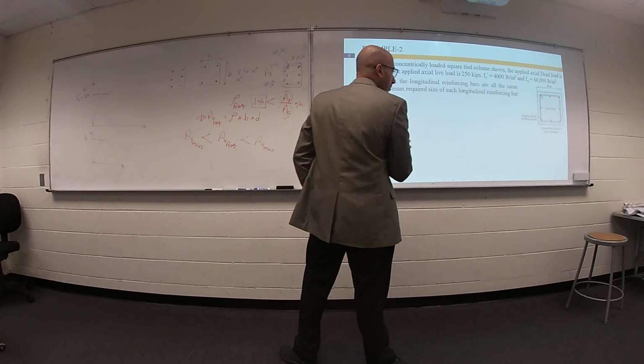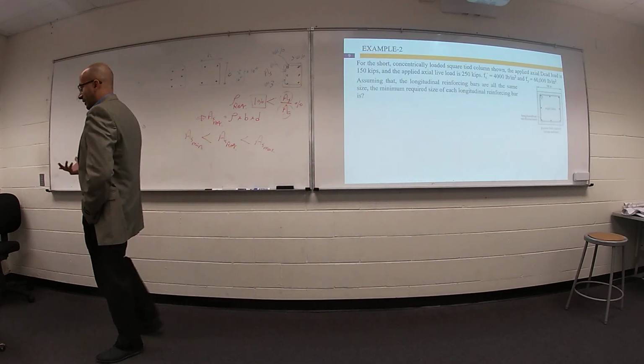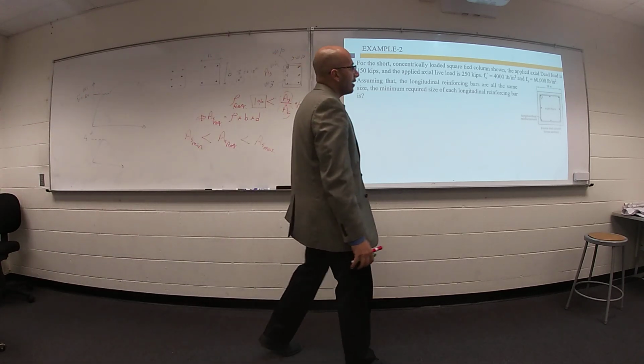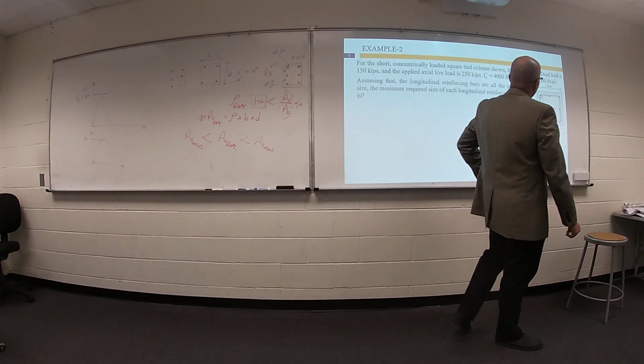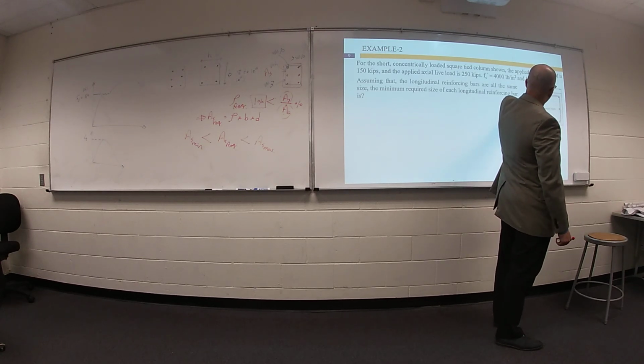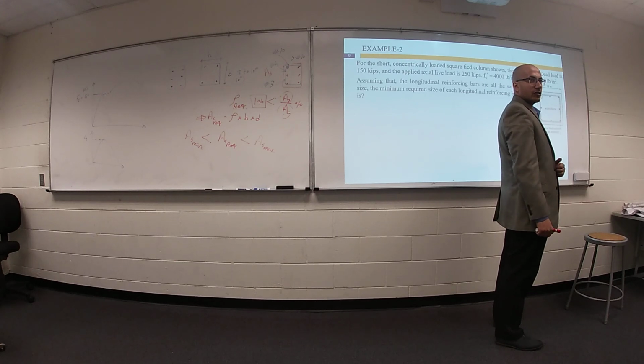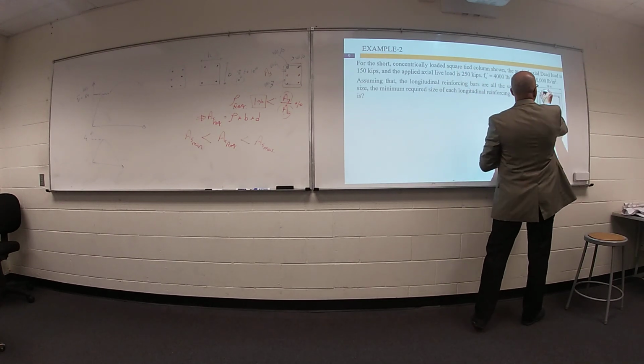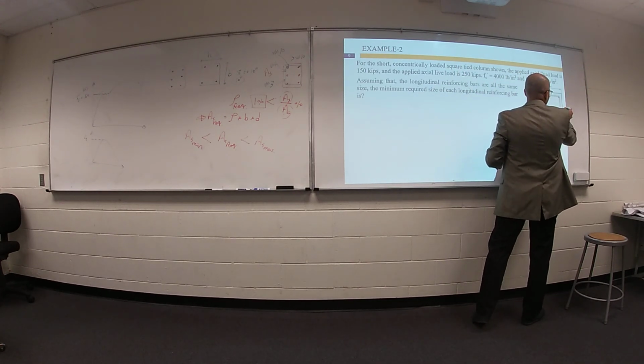What does it mean? Because in the exam, someone will say, hey, the second dimension is not given. So what's the second dimension? 18, because your column is a square. A square means this distance equals this distance.